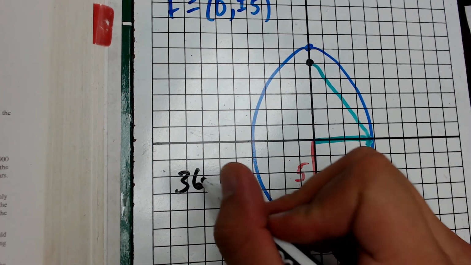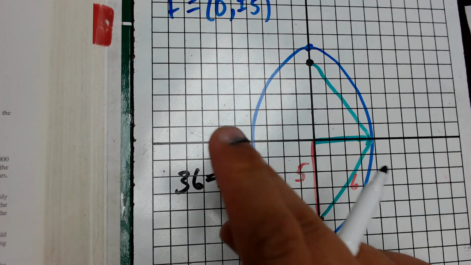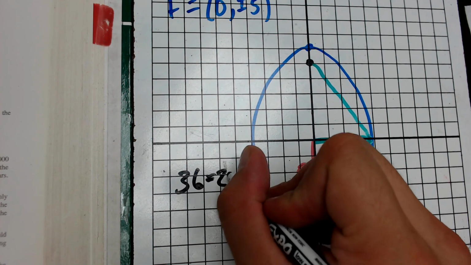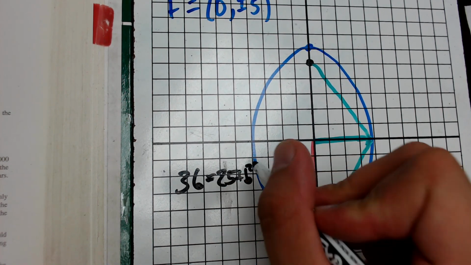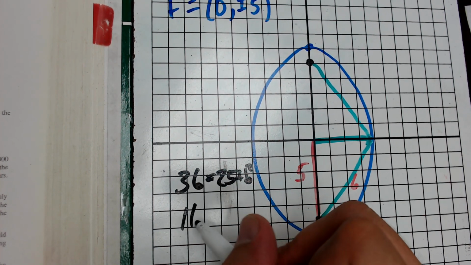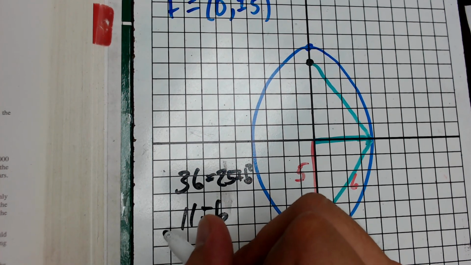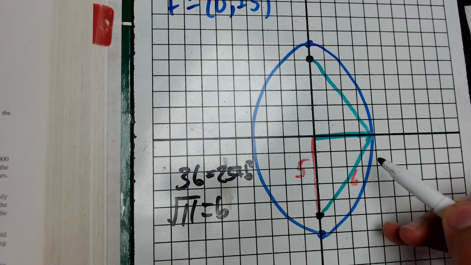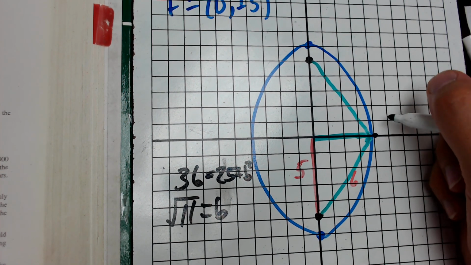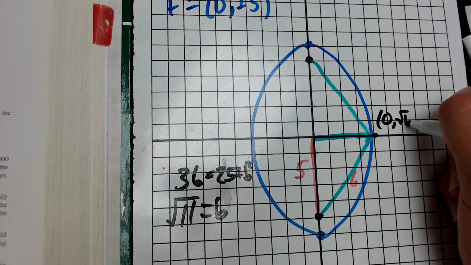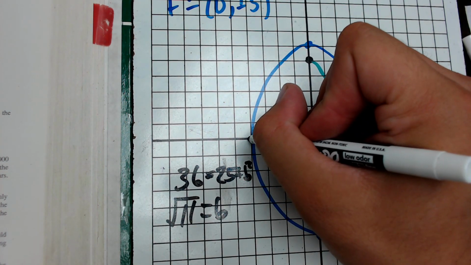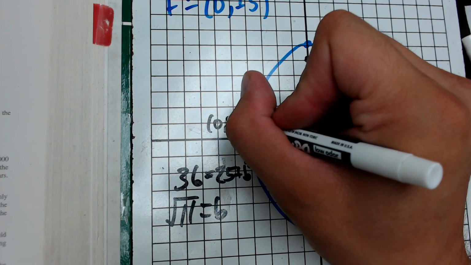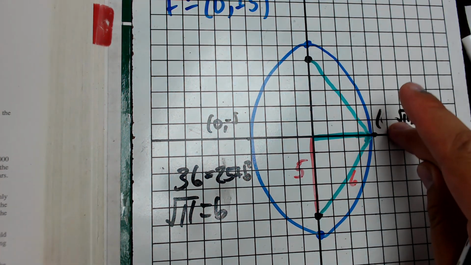6 squared is 36. That's going to equal 5 squared, or 25, plus b squared, which means that b squared is going to equal 11, so b is going to equal the square root of 11. So that tells me that this point right here is 0 comma square root of 11, and then this point is 0 comma negative, oh whoops, I did that backwards.